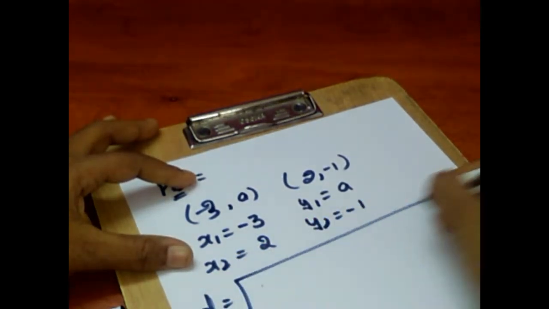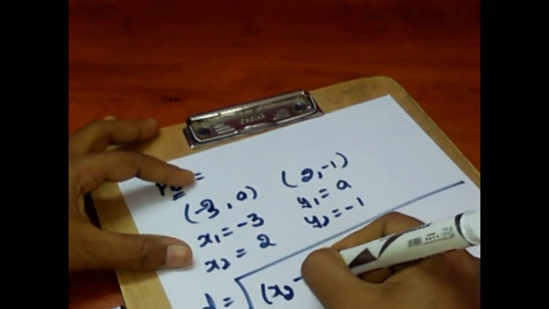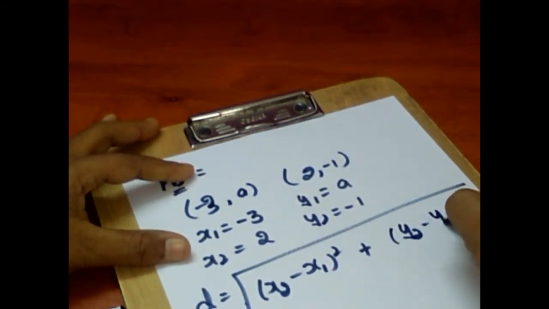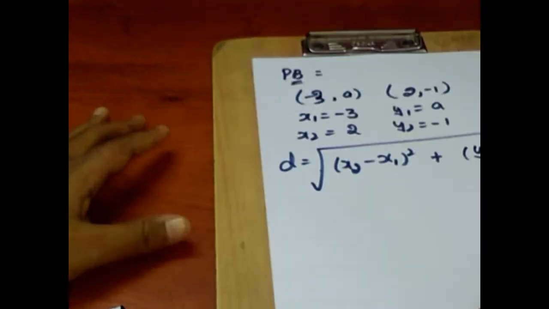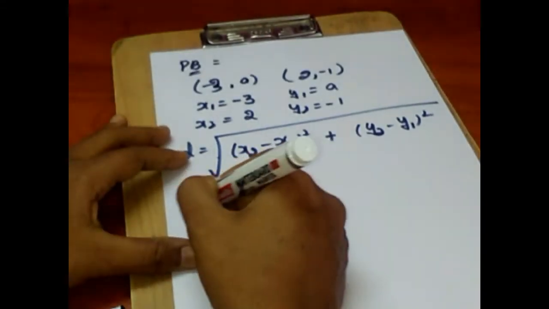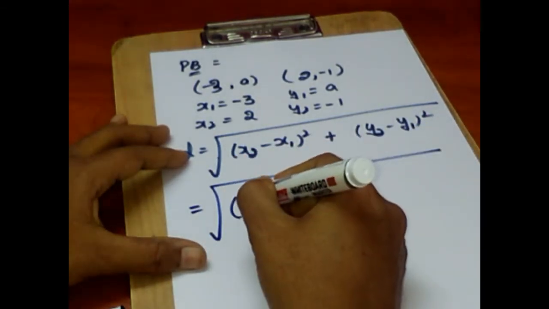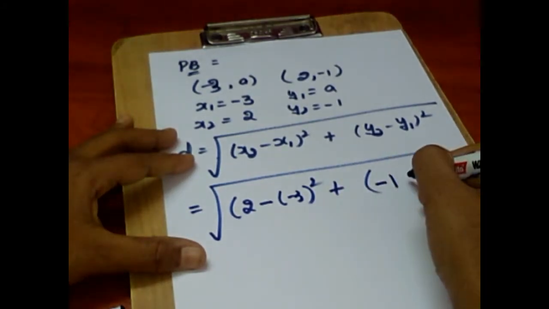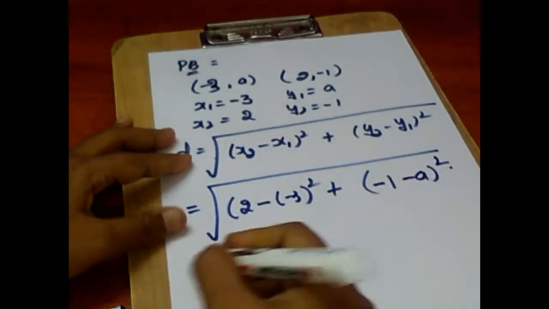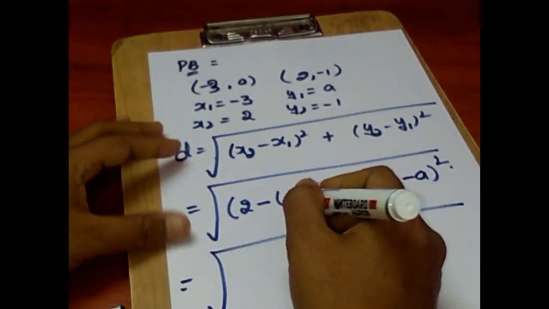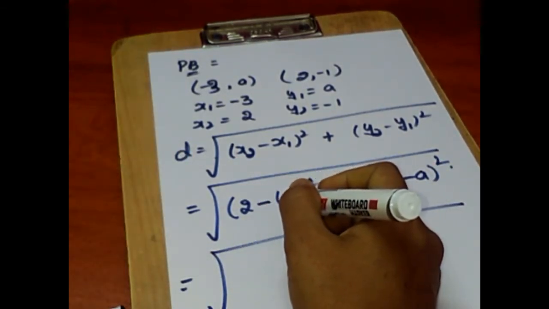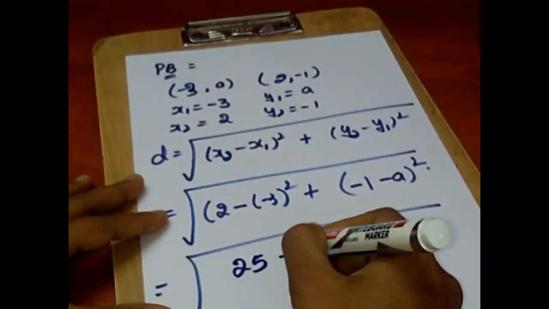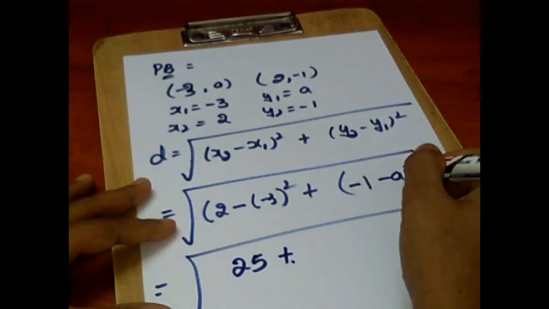So the distance formula is square root of (x2 minus x1) whole square plus (y2 minus y1) whole square. Now you can find, children, substitute the values, that is (2 minus of minus 3) whole square plus (minus 1 minus a) whole square. So 2 minus into minus is plus, 2 plus 3 will be equal to 5. So 5 square is 25. Here minus 1 minus a.